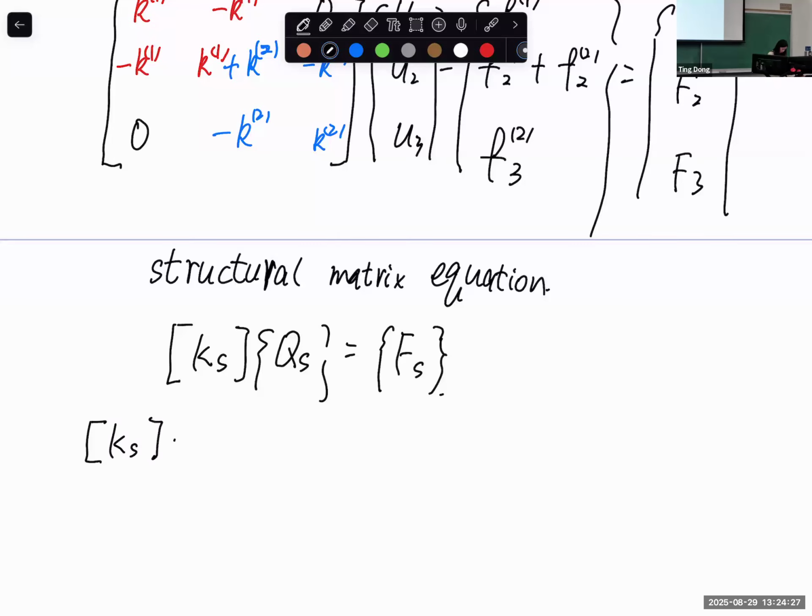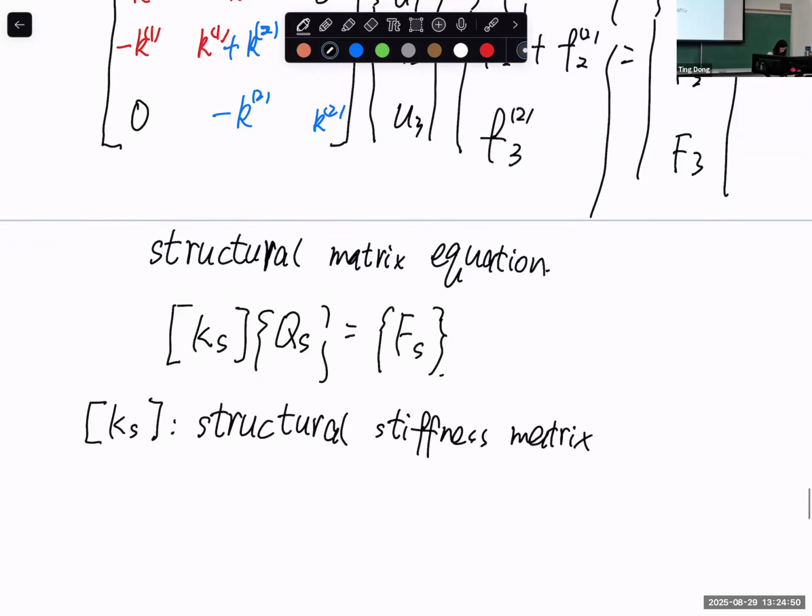The KS here is the structural stiffness matrix. It's basically the matrix after assembling all the elements of the system. And the QS vector is all the degrees of freedom of the system.